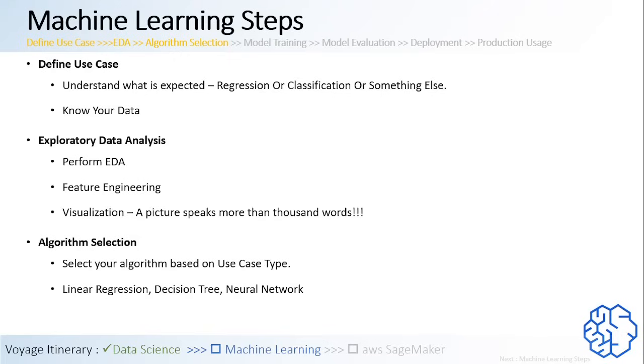You pick one algorithm or more than one algorithm, run your data through it, and see whether that algorithm is able to build a good model out of it. Now, what is the definition of a good model? We are going to talk about it. But at this time, after doing EDA, we have to decide which are probably the algorithms that I want my data to run on.